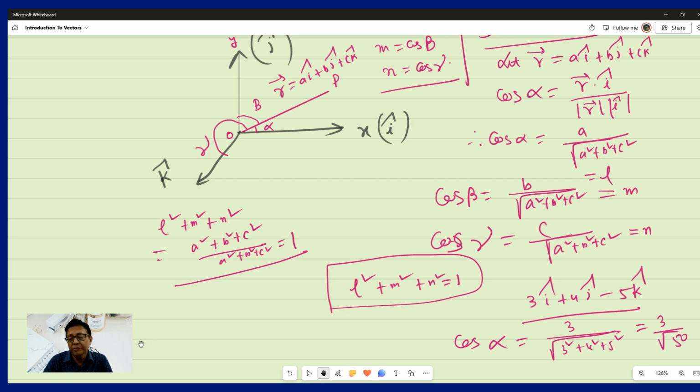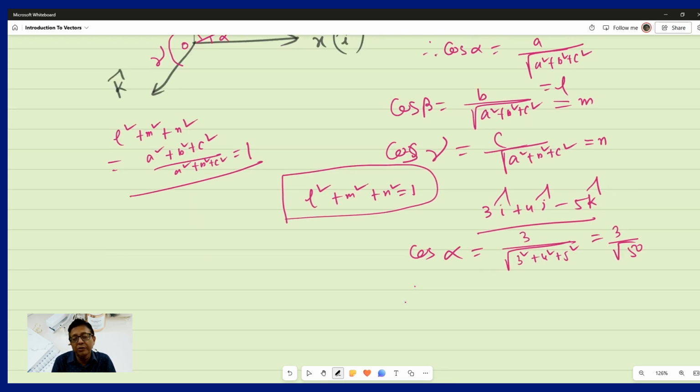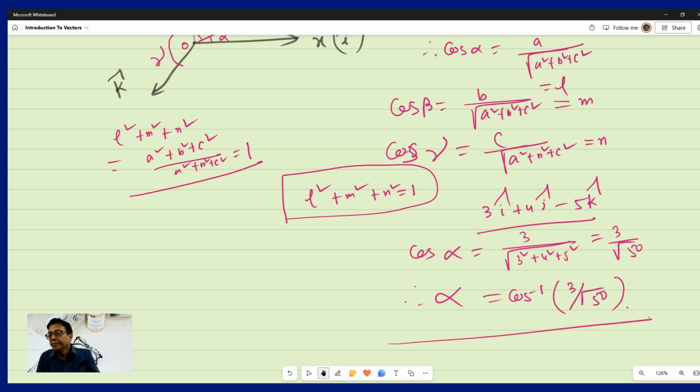You can use that alpha equal to cos inverse, calculator, whatever. Clear?